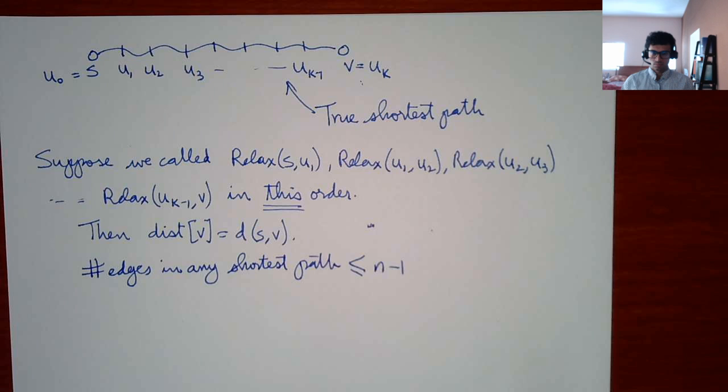So if we could call relax S,U1, then U1,U2 in this order, the distance will be, okay. Now remember that relax was a safe operation, which means, suppose we called it in the following order.